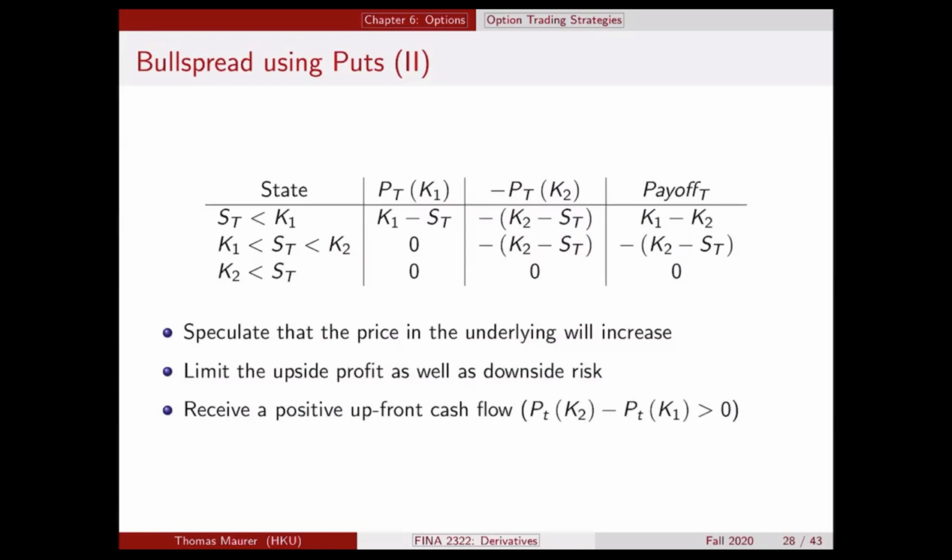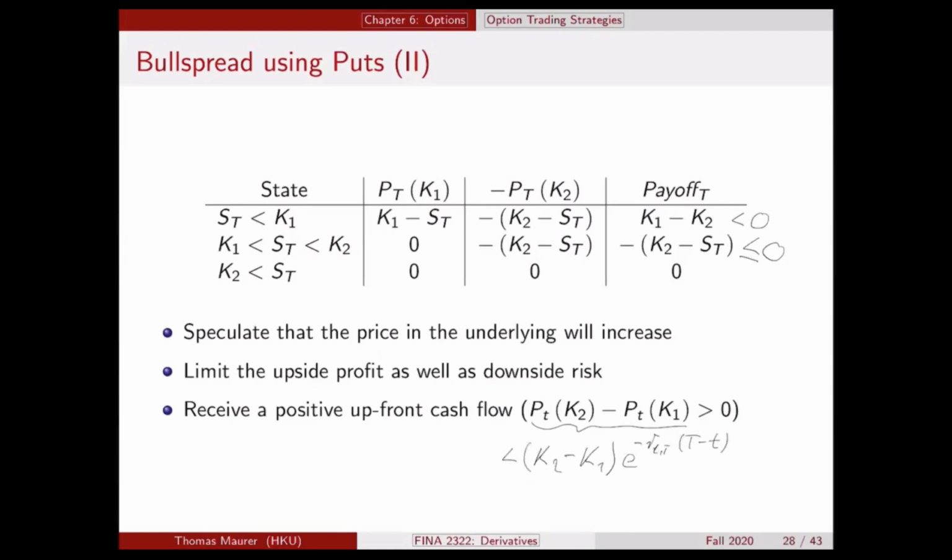And again, on slide 28, I write down these payoffs in this table over here. And from this, you see, because all these payoffs in the future are negative or 0, that must mean initially we receive a positive payoff, and that positive payoff will be bounded between 0 and the present value of K2 minus K1.